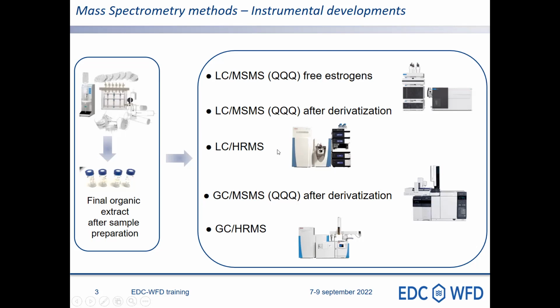Within the project, we have evaluated different kinds of strategy for instrumental measurements: both liquid phase and gas phase chromatography, coupled, if needed, to tandem triple quadrupole mass spectrometers and high resolution mass spectrometers. So we have this overall set as a starting point, and we have evaluated and benchmarked the different approaches with respect to the needs and the ambition of the project.